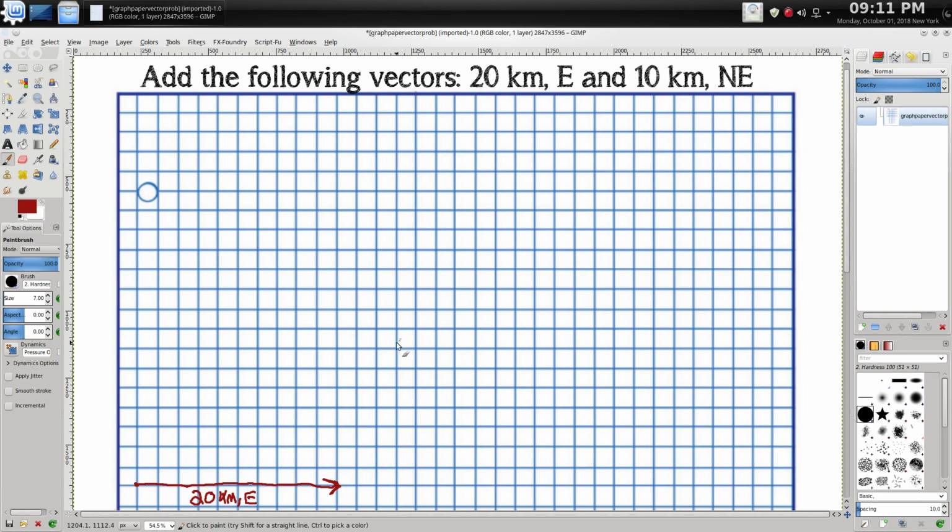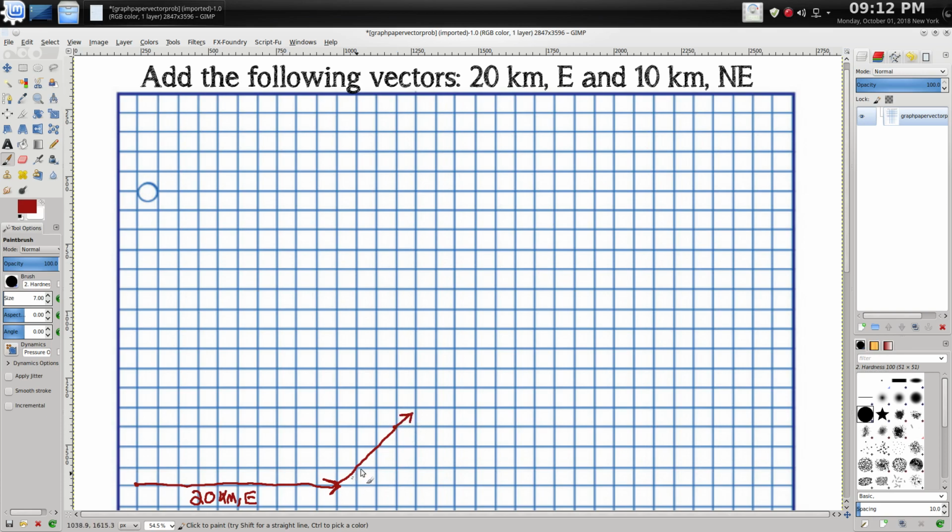Now that's a little bit harder to do, but basically what you're doing is we're trying to go 10 kilometers. Now this is hard for me to do, but I'm going to do my best. We're going to try to go 10 kilometers this way. And unfortunately, I don't have a straight edge, so I'm going to have to guesstimate 2, 4, 6, 8, let's say maybe 10 right here.